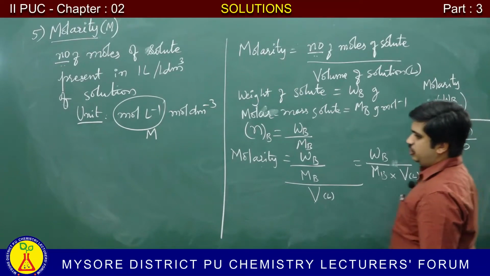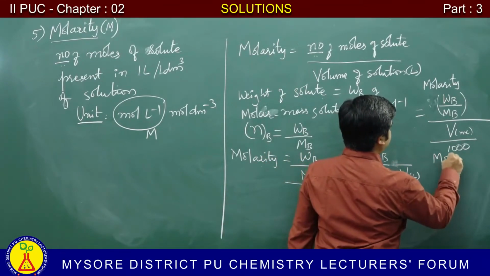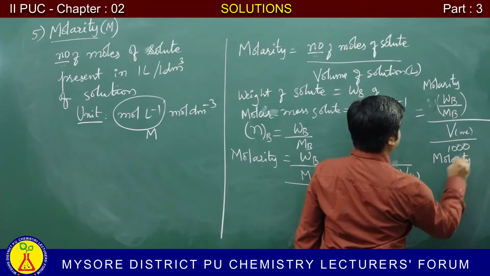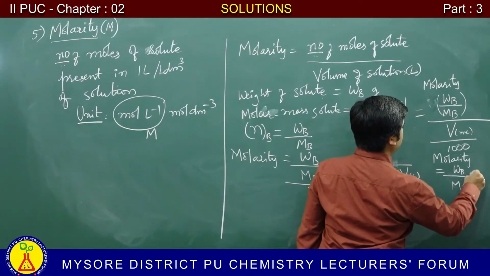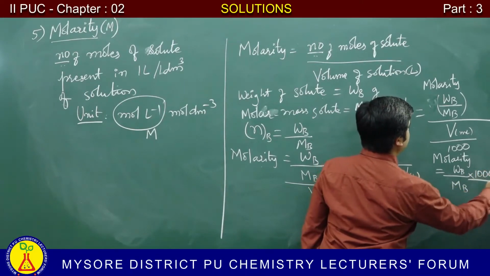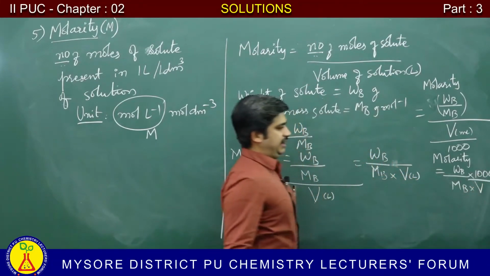So the denominator goes to numerator, then we get molarity is equal to weight of solute divided by molar mass of solute into 1000 by volume that is expressed in ml.